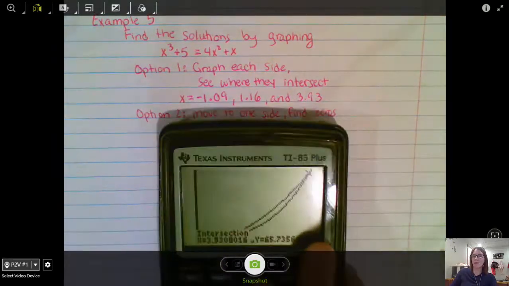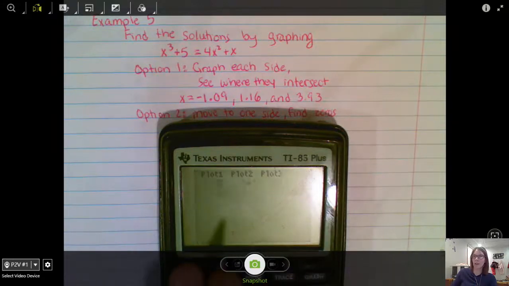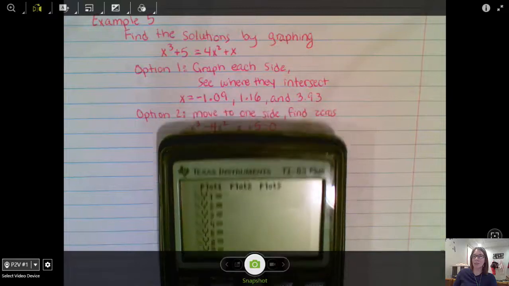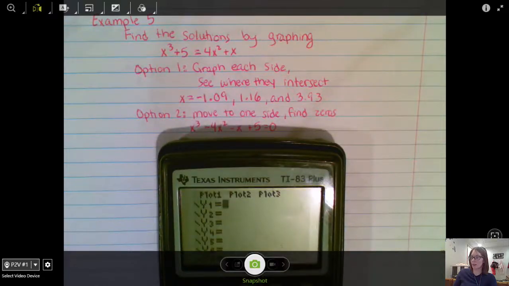Back to my calculator. I need to go to y equals now. Clear out the equations I had, because now everything is on one side. I want to find my zeros. x cubed minus 4x squared minus x plus 5.